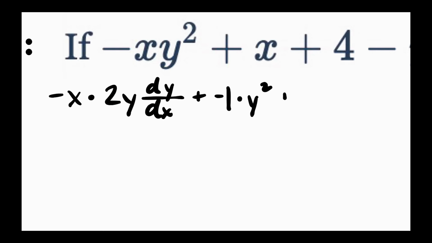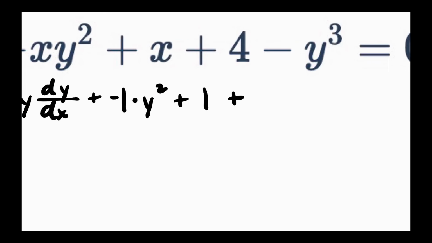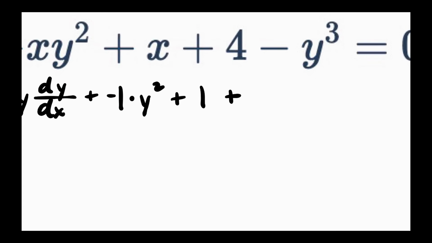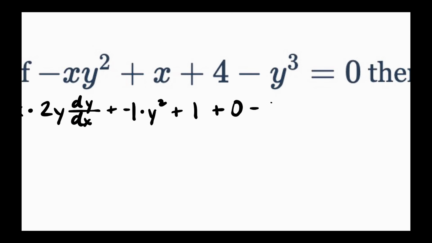Okay, so now let's go back to the problem. Plus the derivative of regular x is just 1. The derivative of regular 4 is 0. Minus 3y squared dy over dx equals 0.